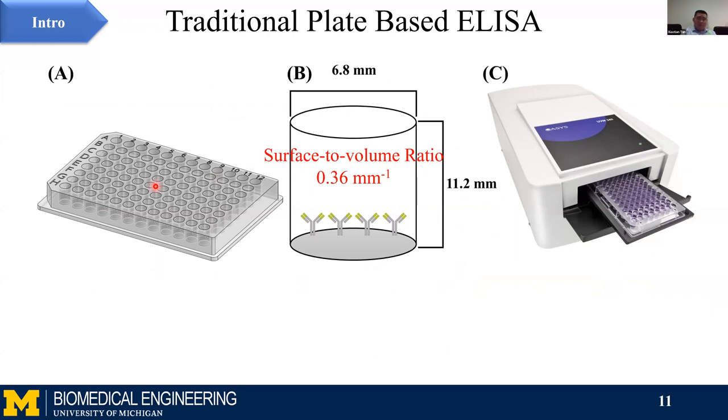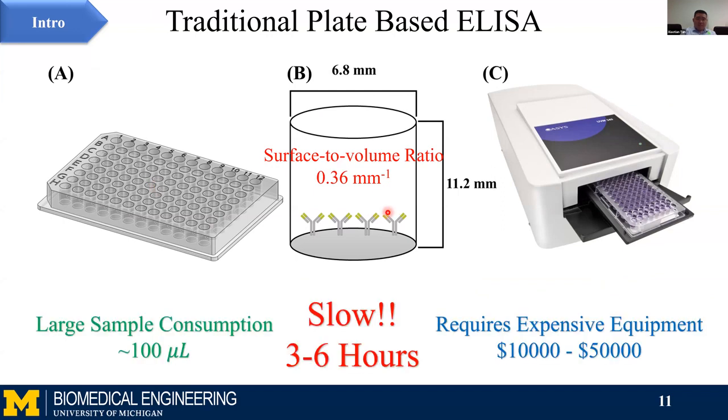Although it has micro in its name, its surface to volume ratio is pretty bad. It also requires an expensive plate reader for taking measurements. And there are other limitations, such as it requires larger sample consumption, and it takes 3 to 6 hours to generate a result. So all these limitations make the turnaround time of the serological analysis pretty long.